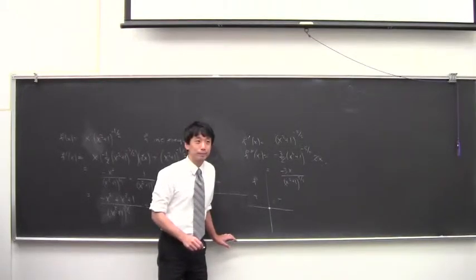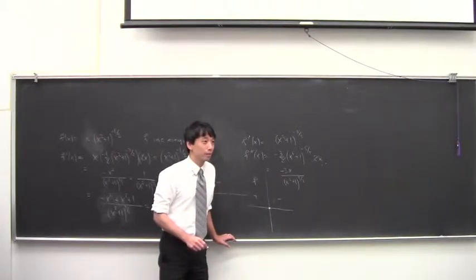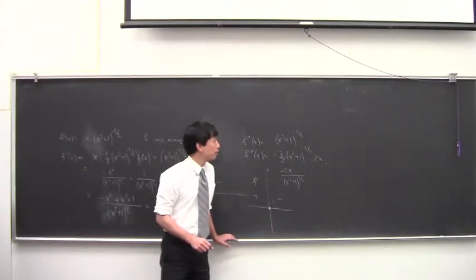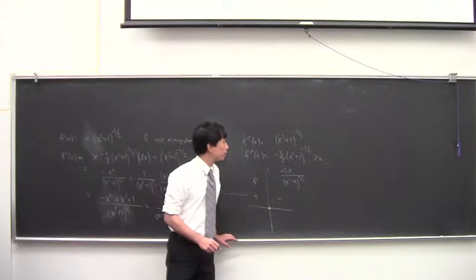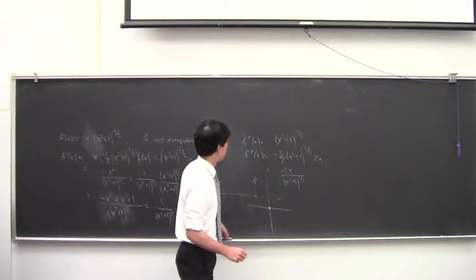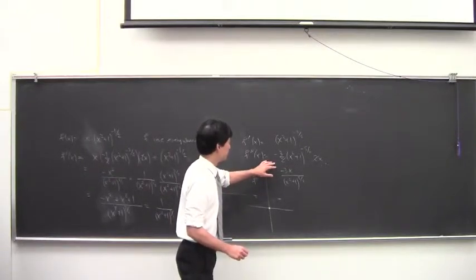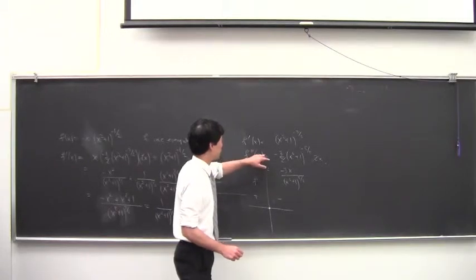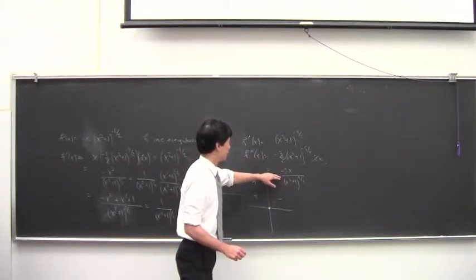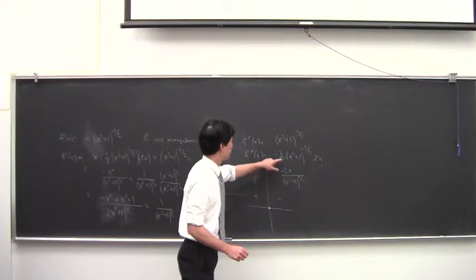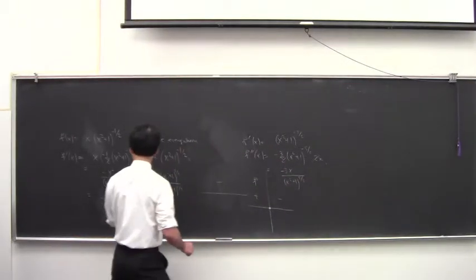Okay. Oh, yeah, go ahead. Can you explain again why you singled out the denominator for that derivative? The denominator from the one before? What do you mean by singled out the denominator? Like where you got this x squared plus 1 to the negative 3 halves. That's this, right.